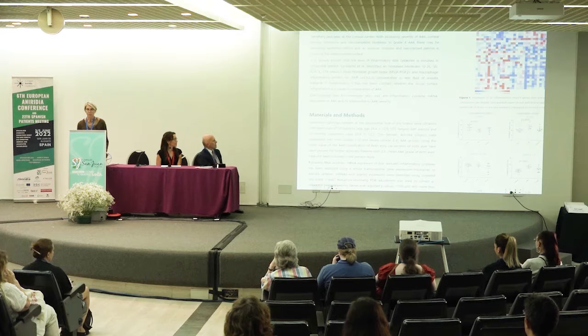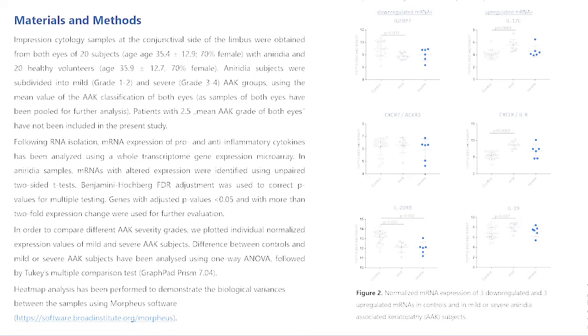We also focused on whether there is a difference in the AAK grading, for mild or severe status of AAK. For this we had 20 patients with aniridia and took conjunctiva samples.